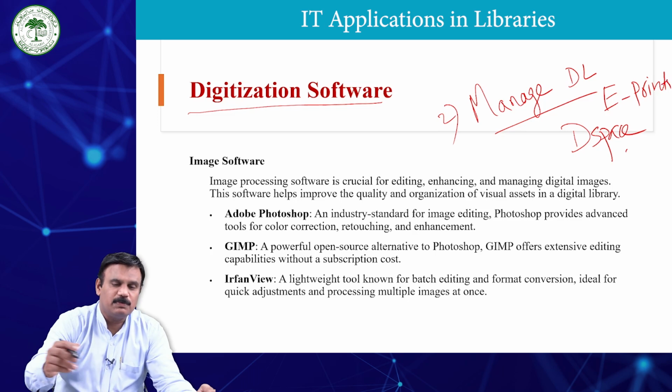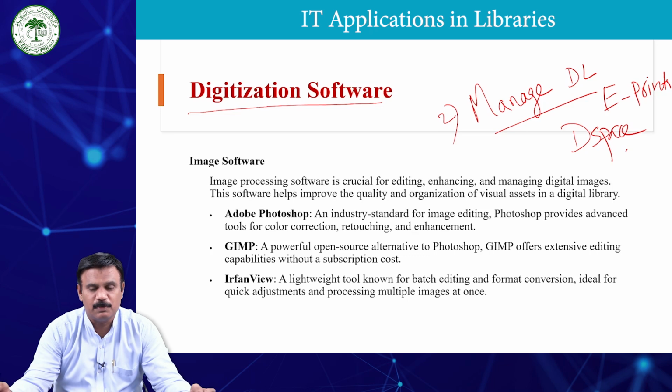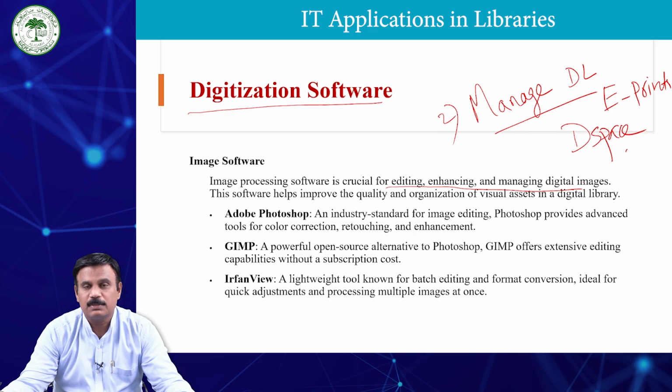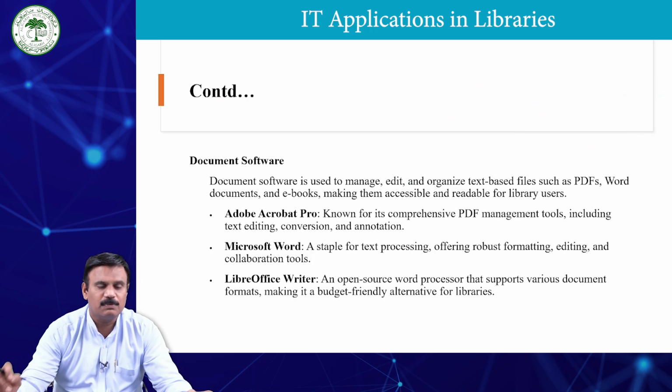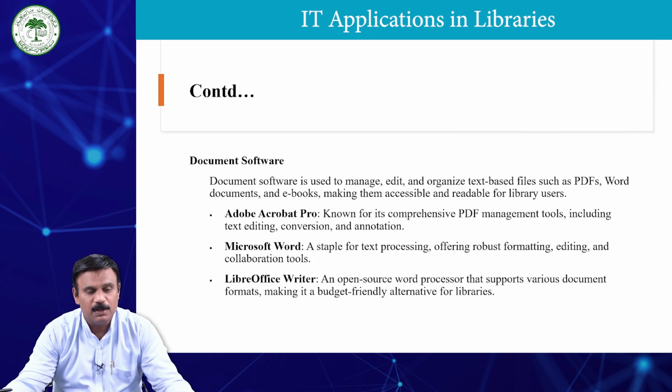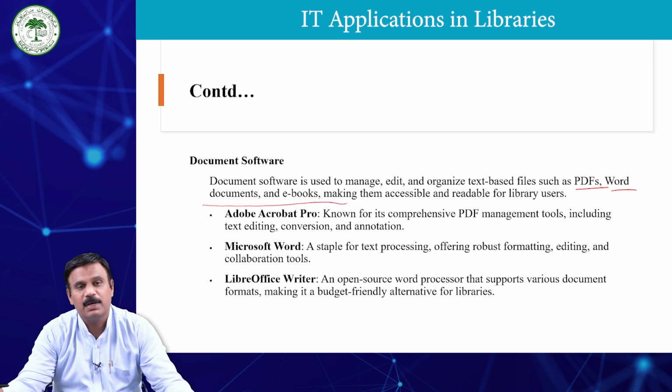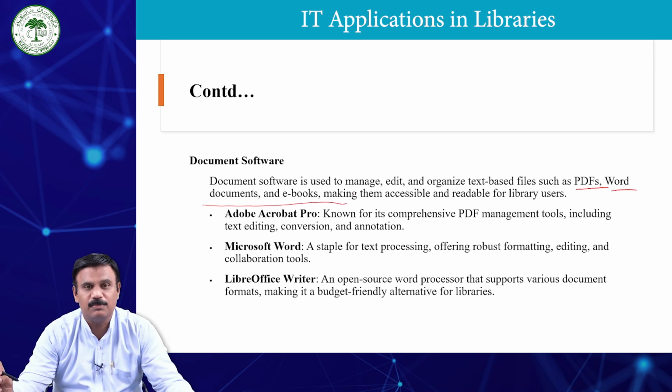As far as image software is concerned, it is used for editing, enhancing and managing digital images. Some examples of image software are Adobe Photoshop, GIMP, IrfanView, etc. Another is document software, used to manage, edit and organize text-based files such as PDFs, Word documents and e-books, making them accessible and readable for library users.